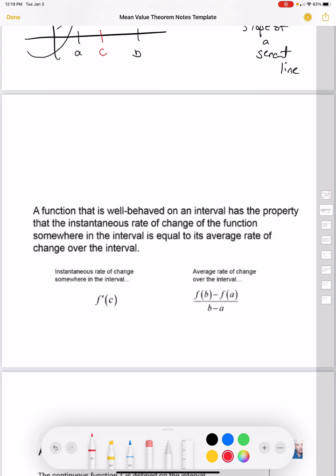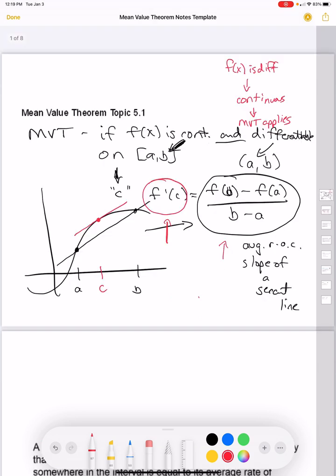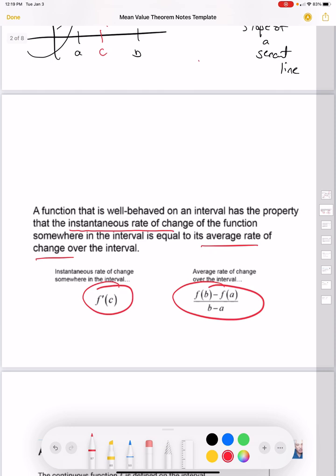A function that is well behaved on an interval has the property that the instantaneous rate of change, that's this, of the function somewhere in the interval is equal to its average rate of change, and that's this. And that's what I just illustrated up here. Some place in this interval, the slope of the tangent line is the same as the slope of the secant line.